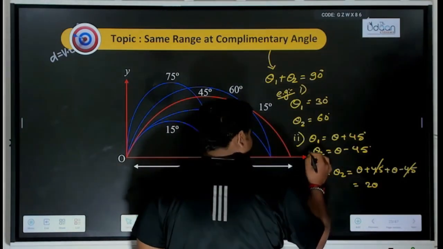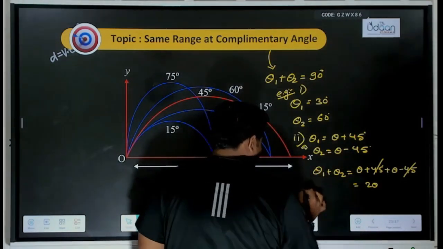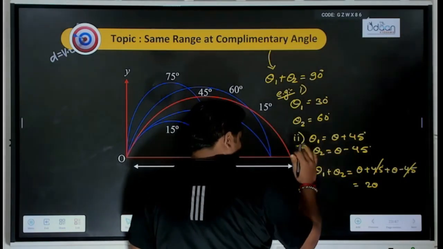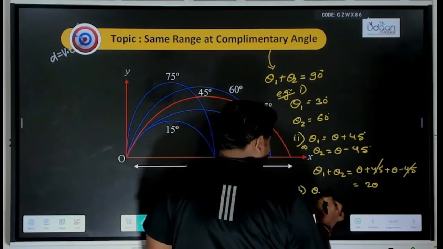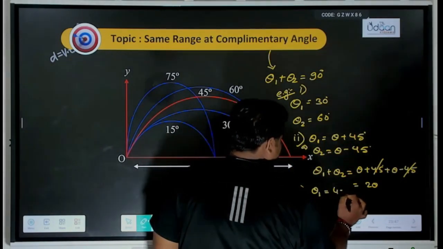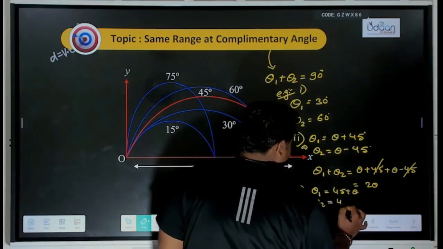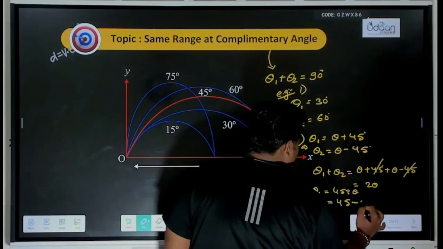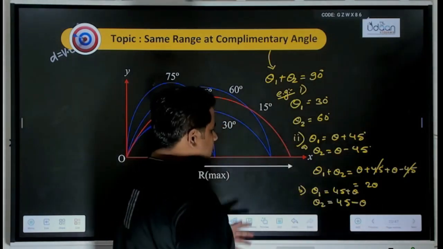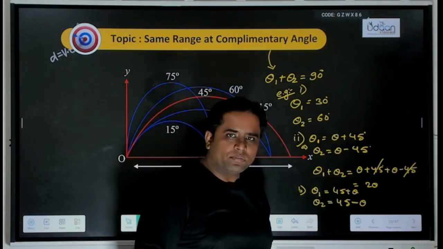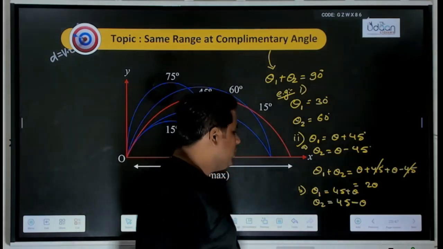So I am asking you another question now. I am just reversing the order. I am saying theta 1 is 45 plus theta and theta 2 is 45 minus theta. Do you think that at these two angles the range is going to be same? Let me know.